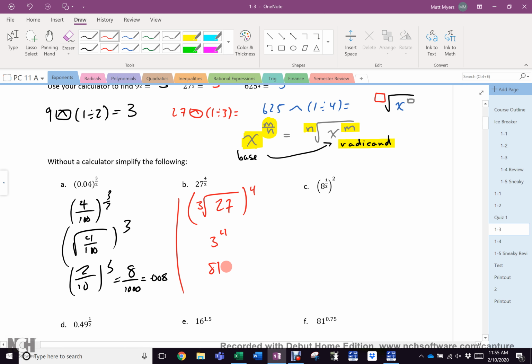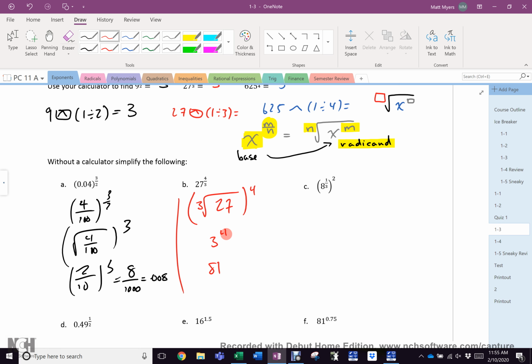All right? Everybody cool? Now, Bea said, does the 4 have to go outside the brackets? When this is perfect, like a cube root of 27 equals 3, we usually like to put the 4 outside the brackets, because then just 3 to the 4th we can do often in our heads, right?